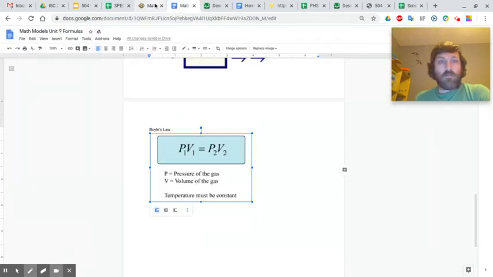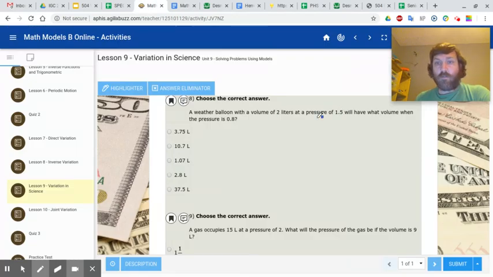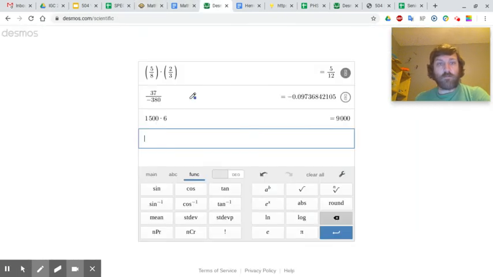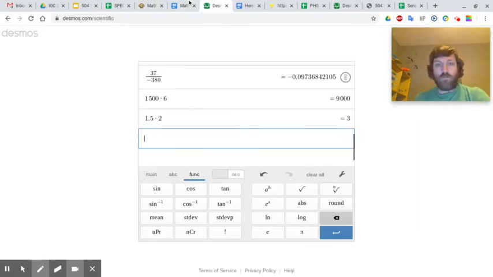So we know that we have pressure times volume. We have 1.5 times 2, and that's on one side. And then after, the pressure is 0.8, in parentheses, 0.8 times, we don't know, what's the volume? We'll call it V2. So then we need to do 1.5 times 2, which is 3.